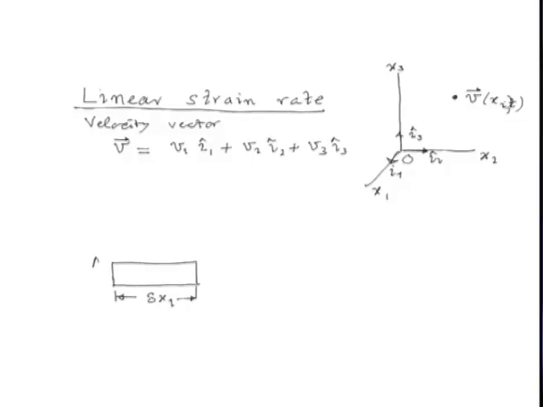Let its ends be denoted as A and B. So, x velocity of end A, let us call it V1, then we can use Taylor series expansion and obtain the velocity at point B, which is situated at a distance delta x1 to the right, as V1 plus del V1 over del x1 delta x1. Now, this is the position of this small linear element at time t.